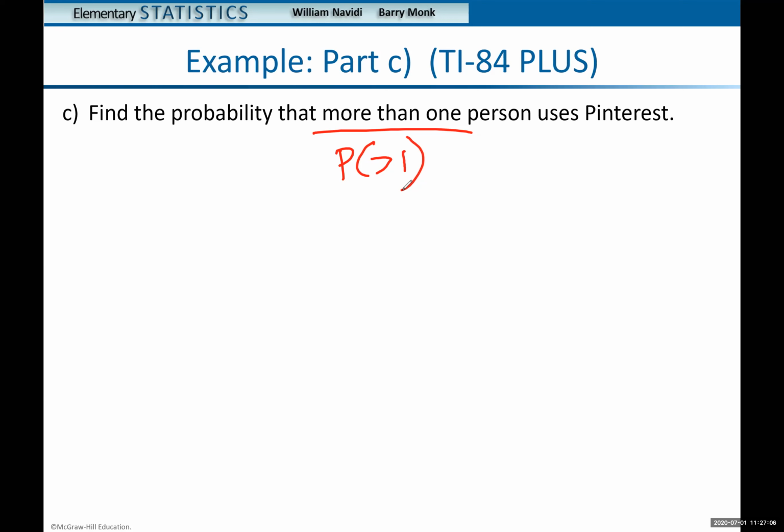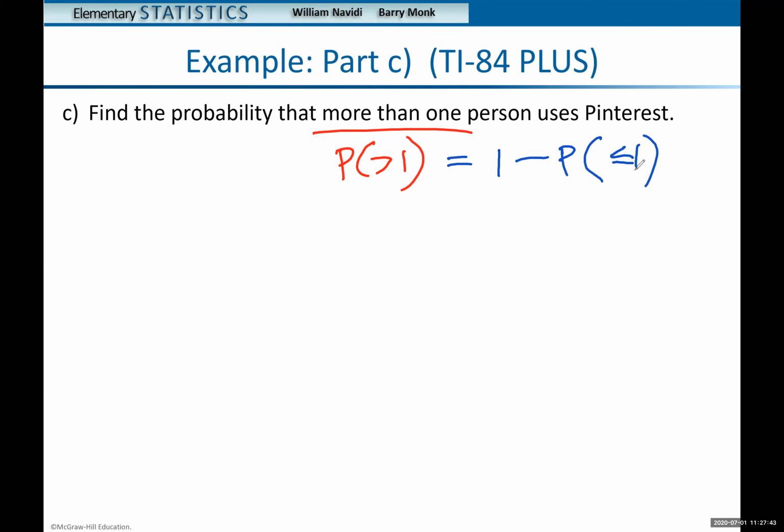But we know that the opposite of greater than 1 is the same thing as 1 minus the complement of this. What is the complement of greater than 1? Less than 1? Less than or equal to 1. Okay?